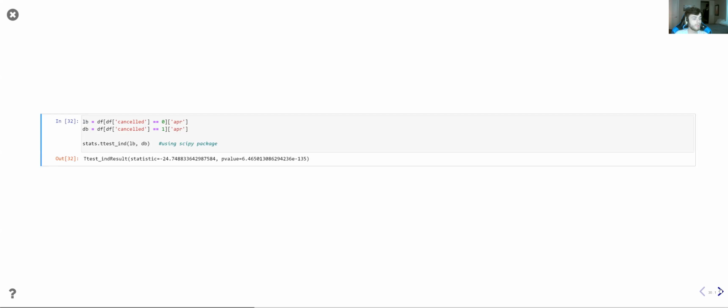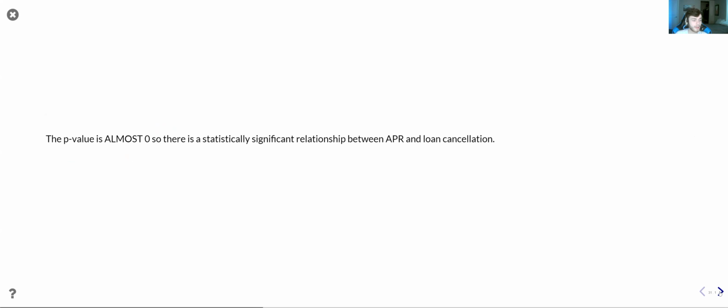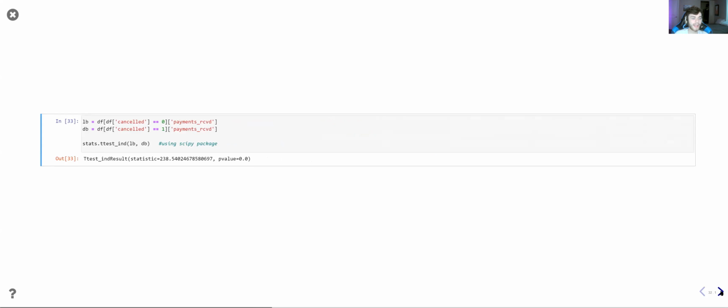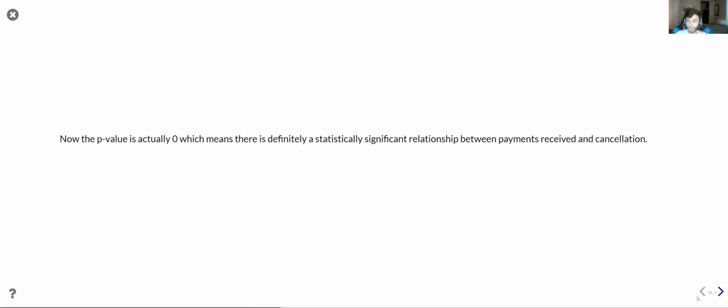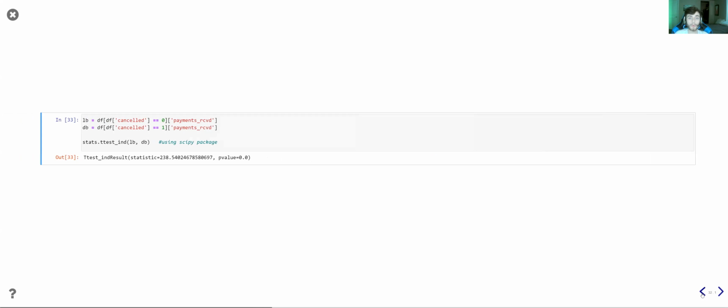We can see here through cancellation APR, we're looking at a virtually zero value, 6 times 10 to the negative 15th, I think it was. So basically zero, so definitely a statistically significant relationship. We're looking at cancels versus payments received, and we see a literal zero value.